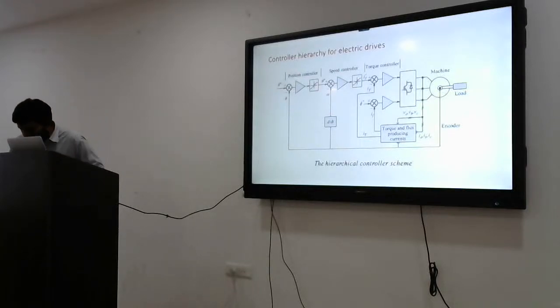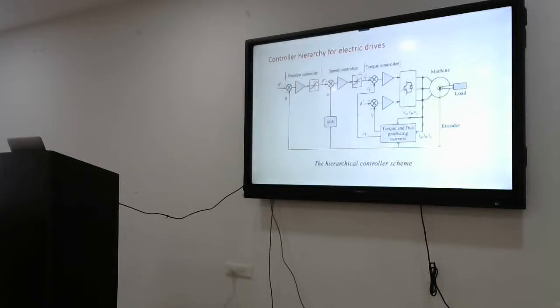Now, what is the base for this sequence? In all advanced speed control methods, they are following this structure, because we don't have any freedom to develop the control hierarchy in electrical drives. What is the base for developing the control hierarchy scheme? How will they develop the scheme?